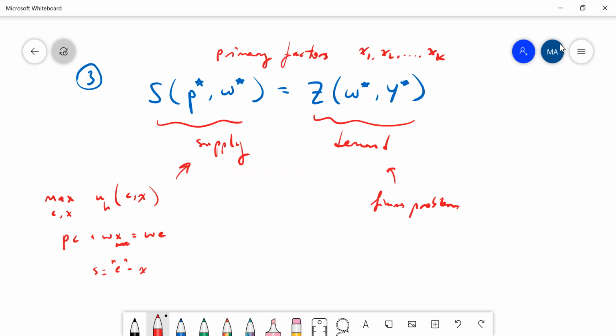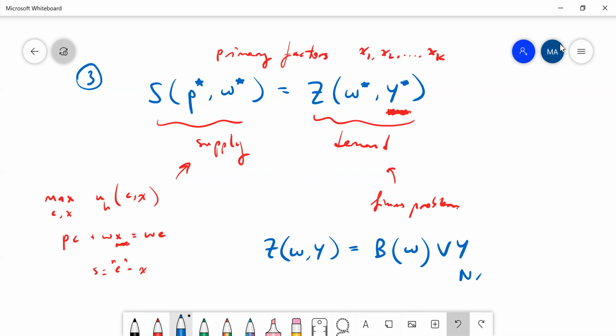Now, the demand side depends on how much firms would like to produce, right? Because remember, let me just remind you of this thing. So this is equal to Z omega Y is equal to B omega Vy, right? Remember what B omega was. So this is N by 1. Right, this is M by 1. This is M by N. And this is K by N, right?